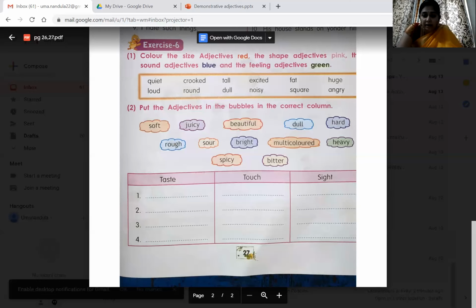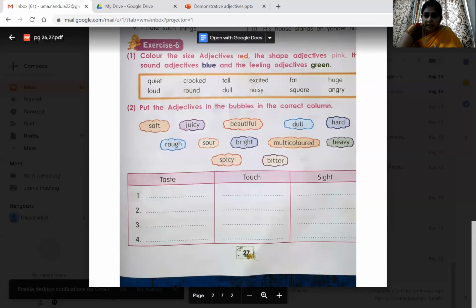Then hard. By touching it only, you will feel whether it is hard or soft, so it comes in the second column. Rough. Rough also, children. By touching it only, you will feel whether it is rough, soft, or hard. So rough also comes under the second column. Sour. Lemon is very sour. How can you say that? Because you taste it. So it comes under the first column.